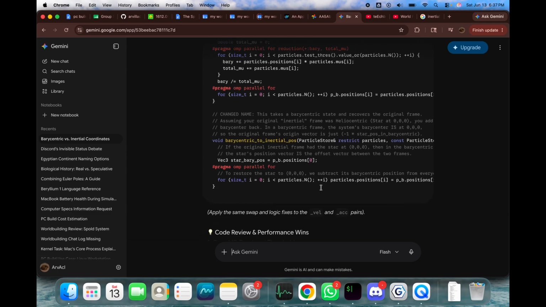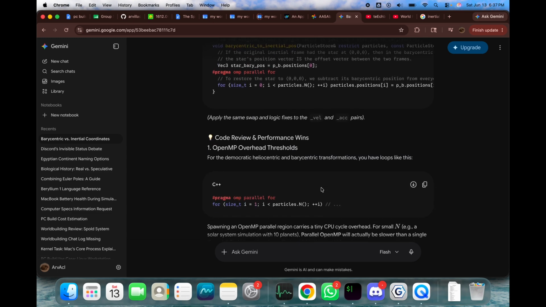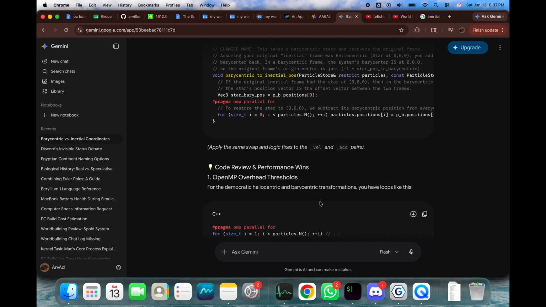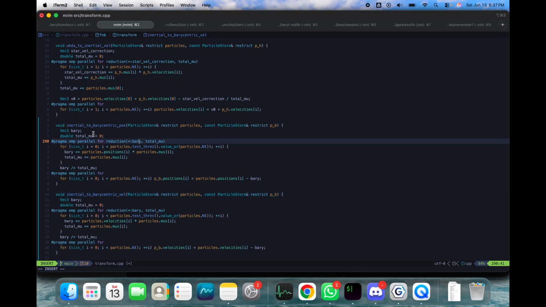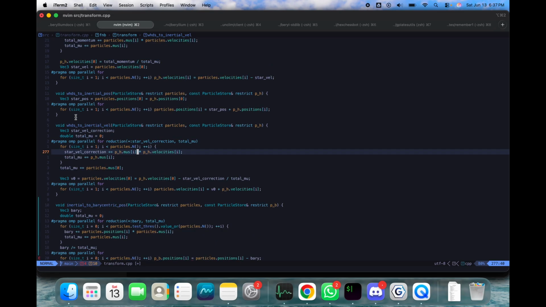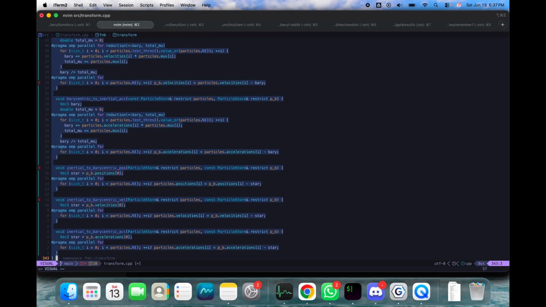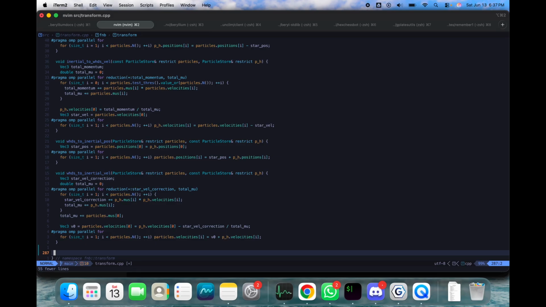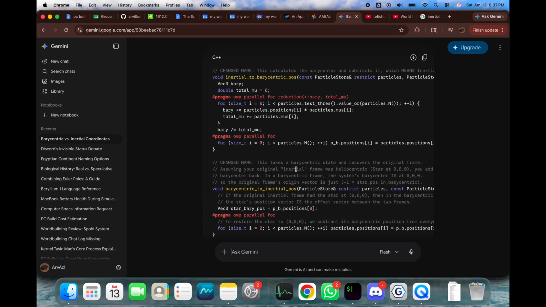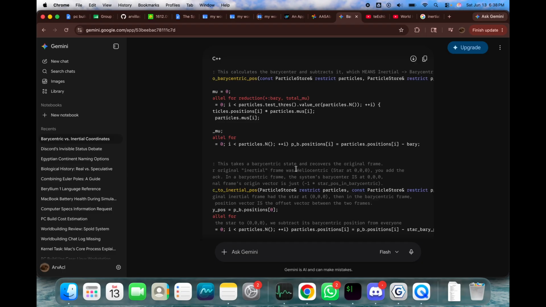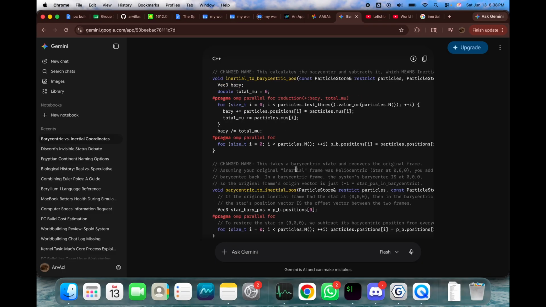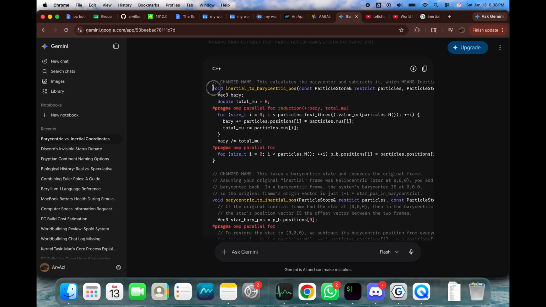I errored this whole section. Yeah, you know, I'm just gonna redo this whole section. I guess I'm just gonna delete this and copy paste it. Paste it again. This is not great.